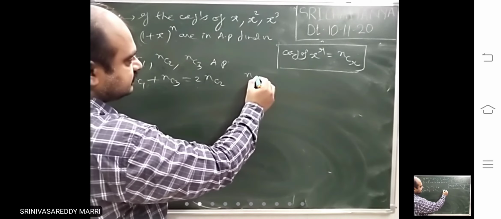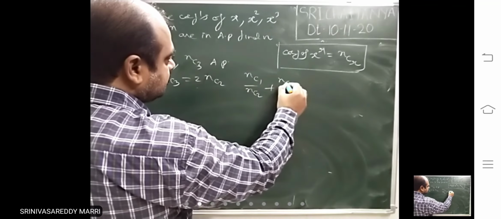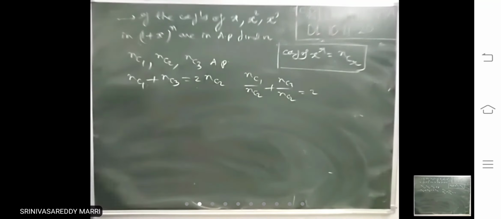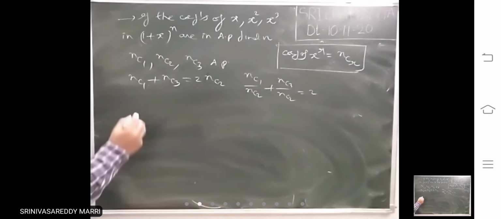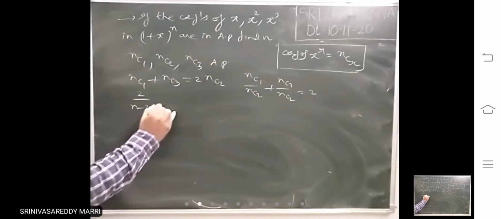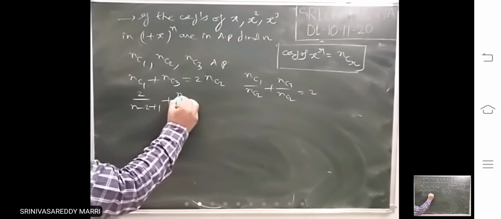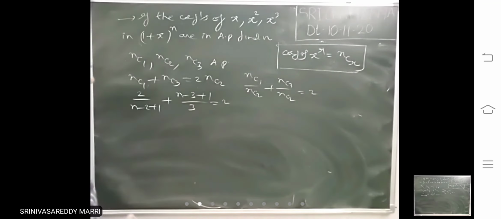That means nC1 divided by nC2 plus nC3 divided by nC2 equal to 2. So this is nCr minus 1 divided by nCr, which is r divided by n minus r plus 1. So then n minus r plus 1 divided by this equal to 2.